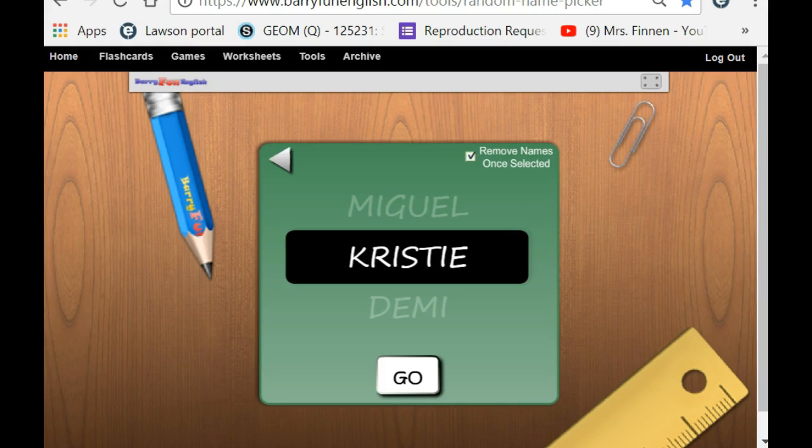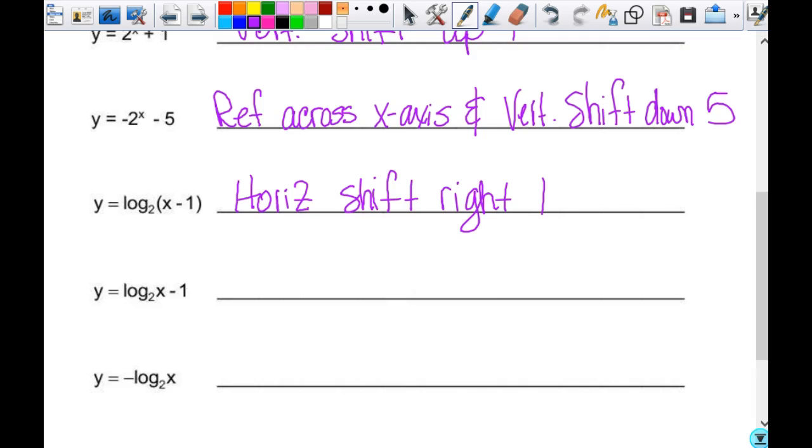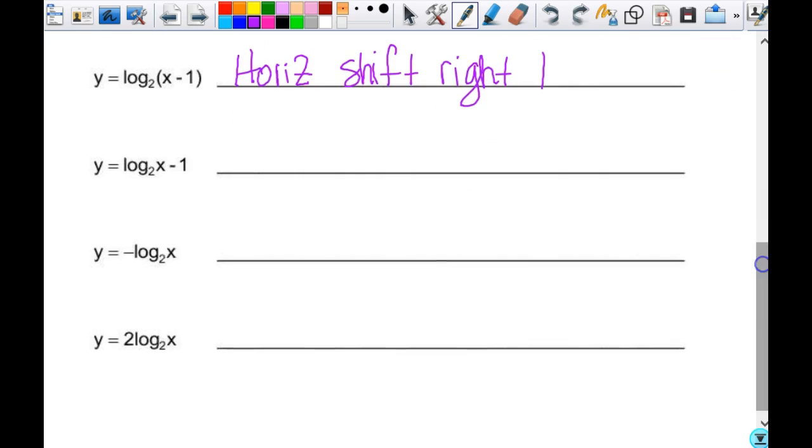Then this next one. All right. Jasmine, what's this one? Okay. Vertical shift what? Good. Down 1. Yes? Okay, good.